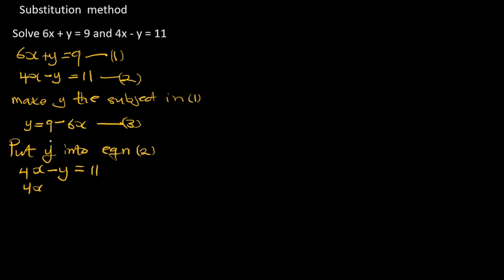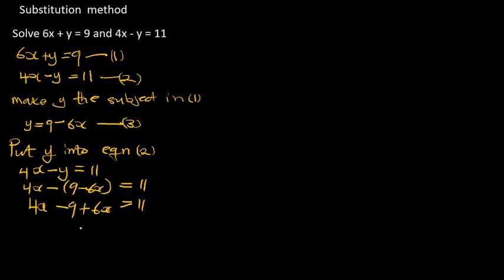Minus (9 minus 6x). Alright, and this whole thing is going to be equal to 11. Now let's open up this bracket, so we have 4x minus 1 times 9 is going to give us minus 9 plus 6x, because minus times minus 6x will give us positive 6x, which is going to be equal to 11.